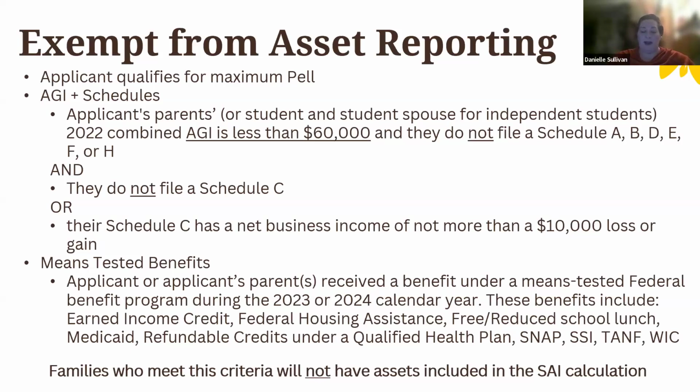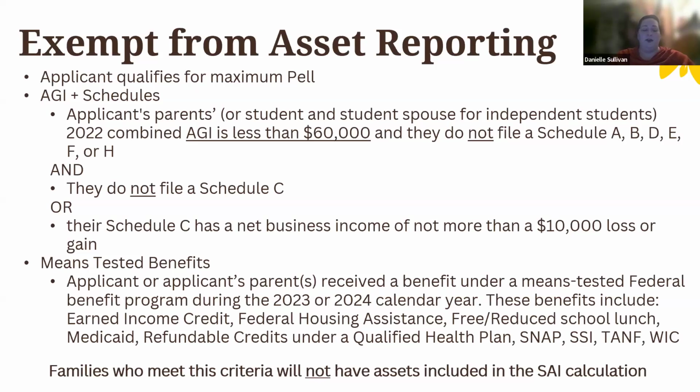They will still report assets on the FAFSA, but they won't be included in the final student aid index calculation when that is done. So if the applicant qualifies for the maximum Pell Grant, if they have an adjusted gross income of less than $60,000, and that's the parents of a dependent student or an independent student, and they can't file any schedules.